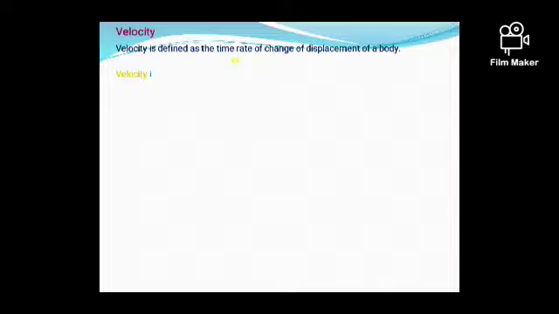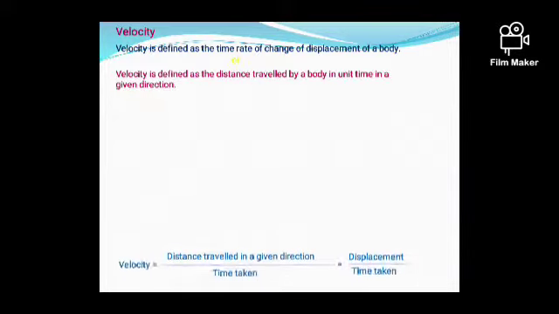Or velocity is the speed of a body in a particular direction. Velocity is defined as the distance traveled by a body in unit time in a given direction. So direction is the most important thing for defining velocity.